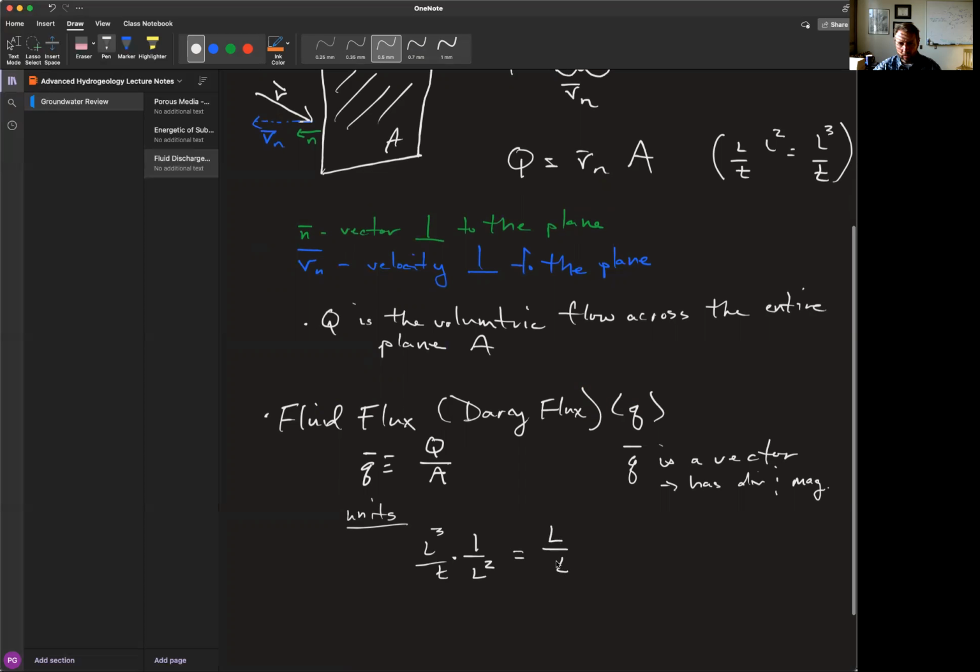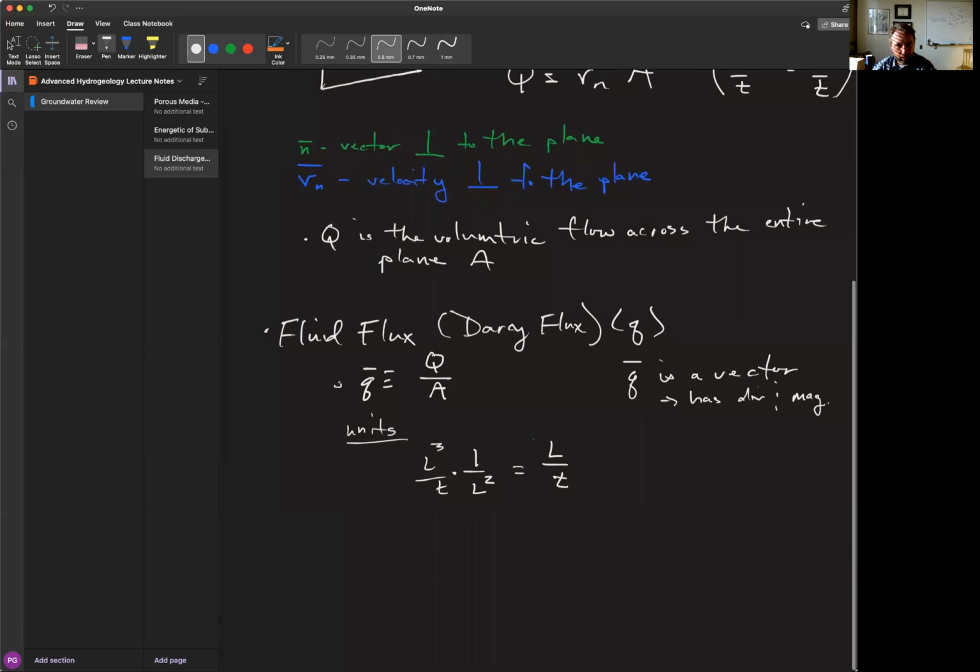Length over time. So the fluid flux has the unit length over time. It looks like a velocity, but it's not velocity.